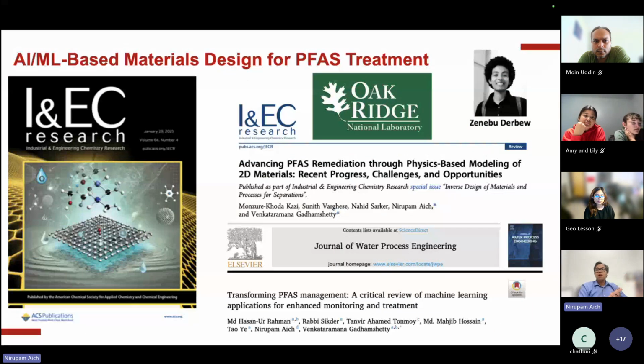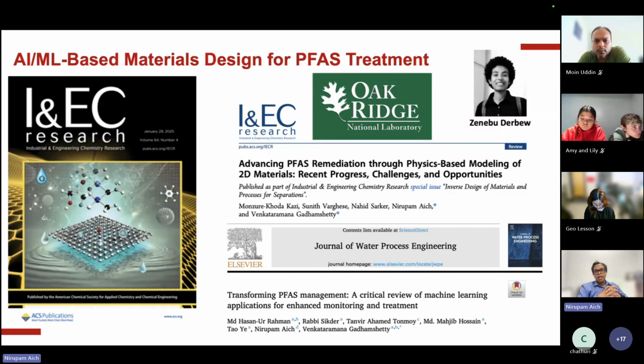The other part is you have seen the examples of graphene and titanium and graphene materials. These are good materials, but we can probably find better materials to absorb and degrade PFAS. You can have thousands of different nanomaterial combinations that can work as a treatment adsorbent or catalyst.